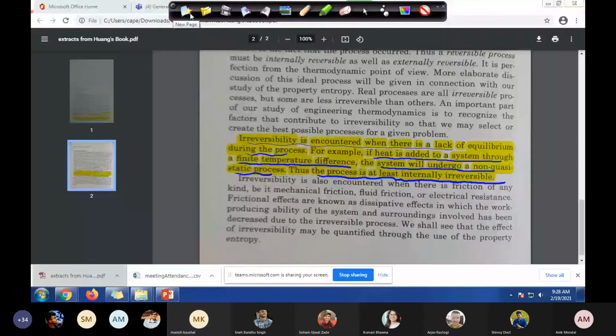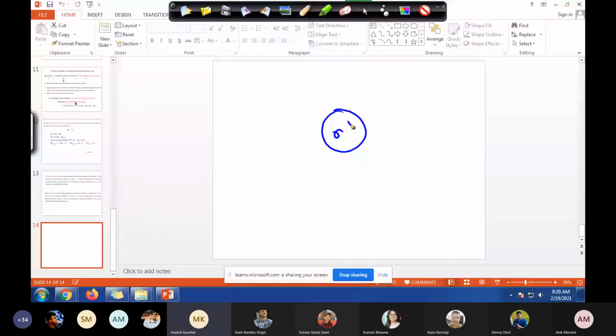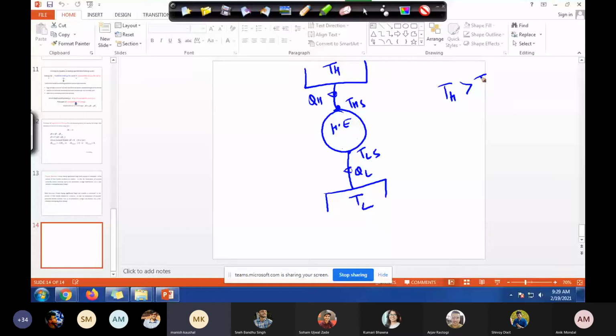You have a heat engine, and there is a thermal reservoir TH, thermal reservoir TL, and then THS, TLS. QH, QL. Of course, TH is greater than THS, greater than TLS, greater than TL. So all differences are finite.